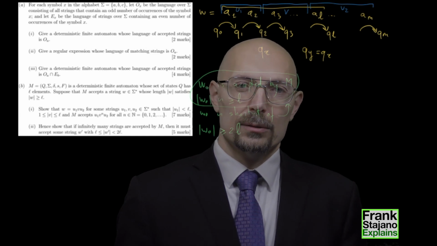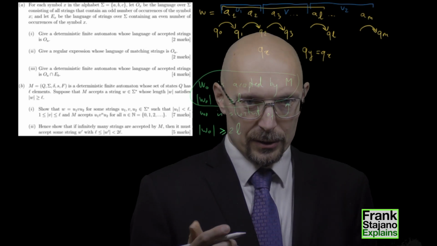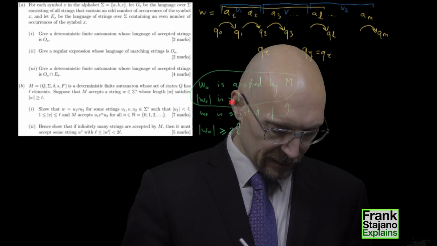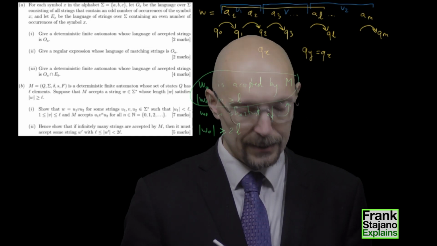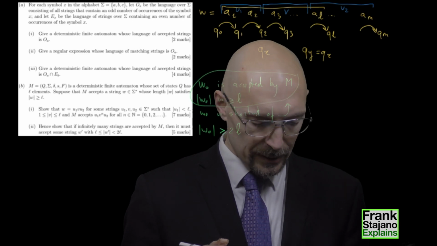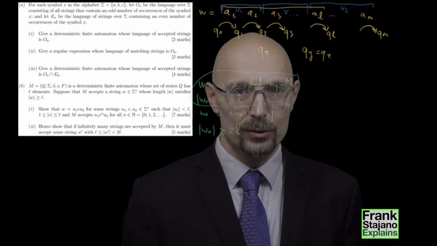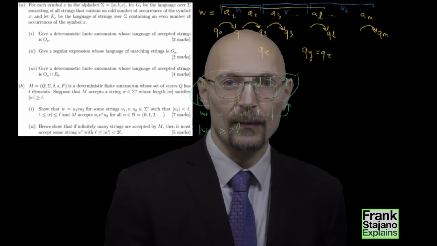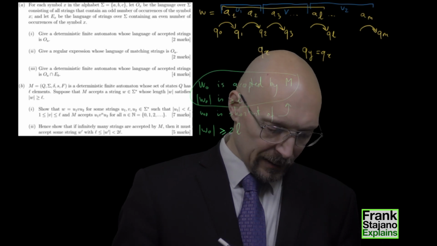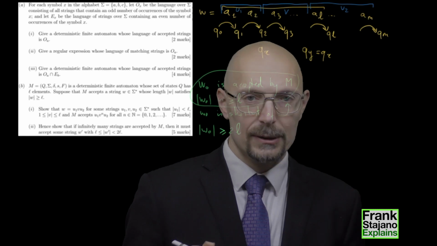Okay, so I want to prove that it's not possible for the shortest of these accepted strings that are at least L long to be of length greater than or equal to 2L. So let's see if we can derive a contradiction by having added this condition to these ones.